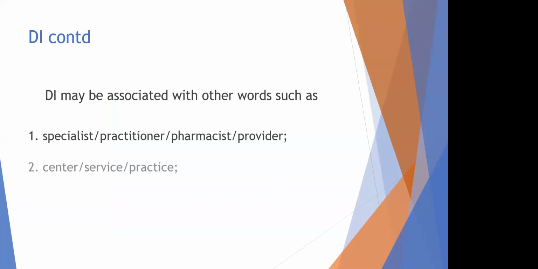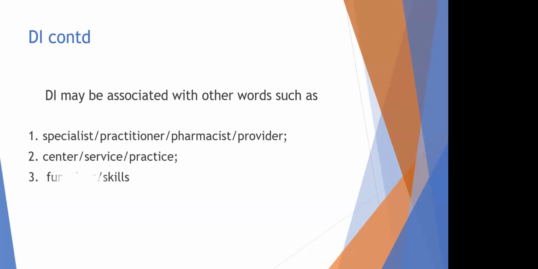Then it can also be associated with words like center, service, or practice. When we look at this, we're looking at a place like a drug information center, providing drug information services. And then it can also be linked to functions and skills. When we're looking at function and skills, we're looking at activities and abilities of individuals to be able to provide drug information.